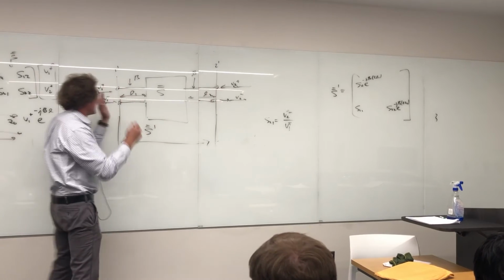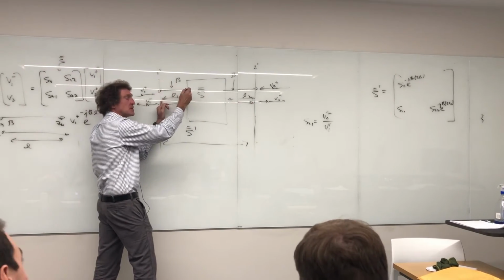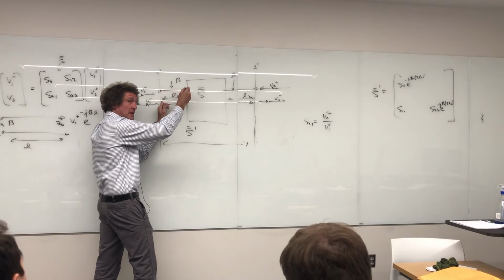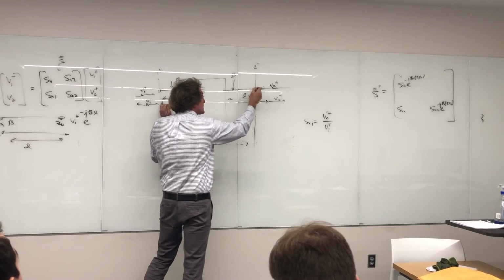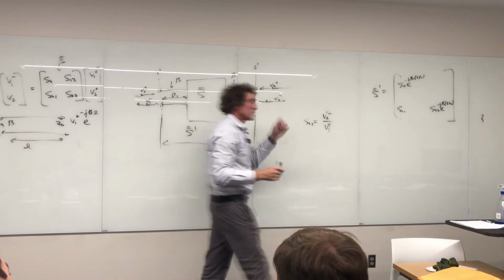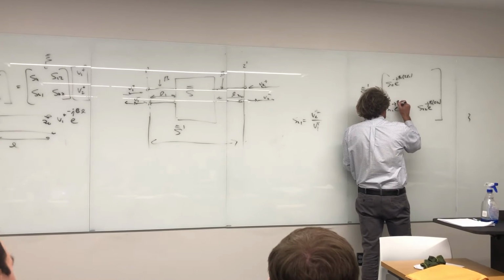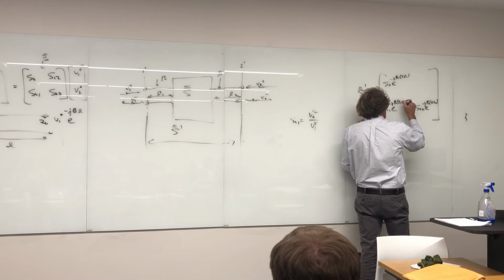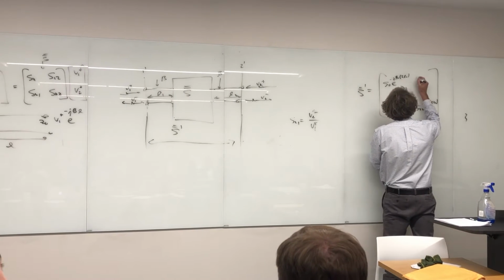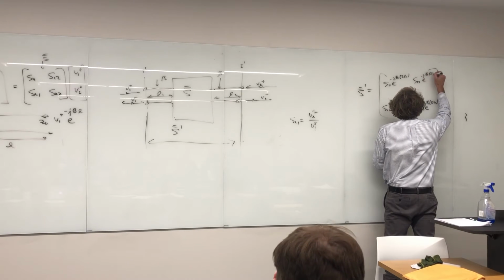Well, if it's phase delayed, if I add this length and this length, then it's going to be delayed e to the minus j beta L1 here, and then e to the minus j beta L2 there. Does everybody see that? And this will be the same for S12. So this has e to the minus j beta, it's just L1 plus L2. Here it's going to be S12 e to the minus j beta (L1 plus L2).